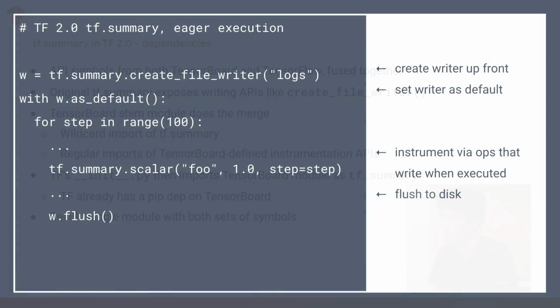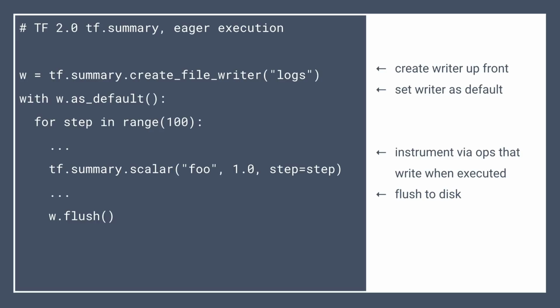And so these are some code samples for the TF 2.0 summary API. The first one shows it under eager execution. It should look fairly similar to Contrib. You create the writer up front, set it as default. You can call the instrumentation ops directly, so you no longer need to enable summary writing, which makes it a little more streamlined.